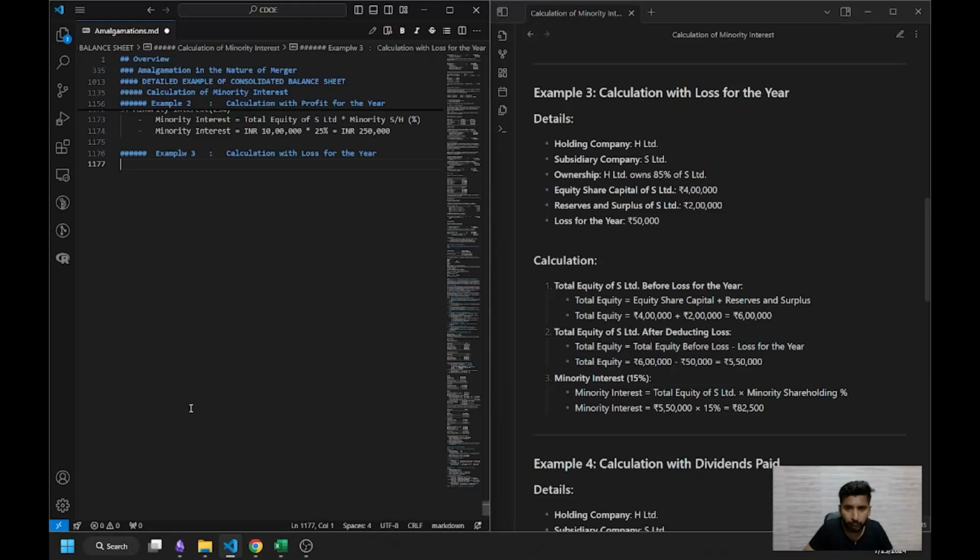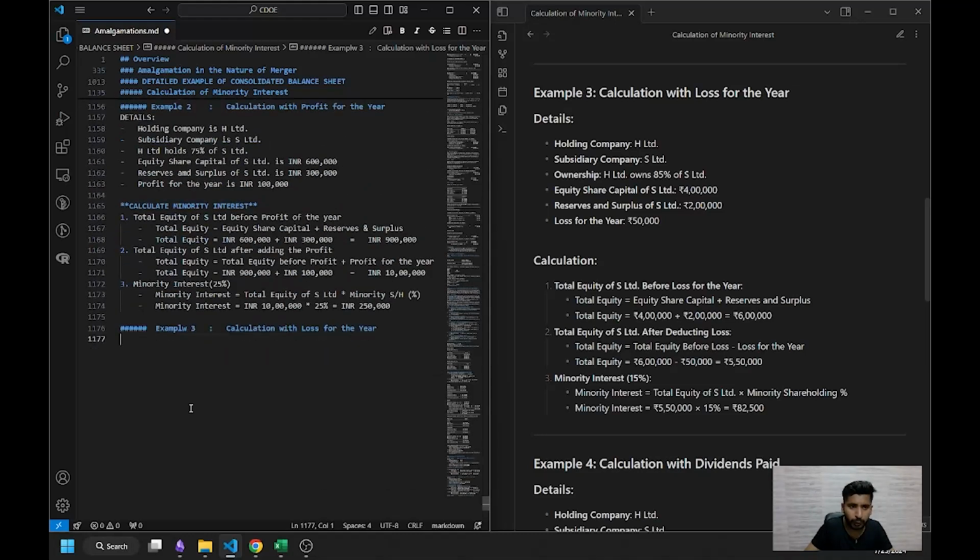What are we going to do if there is loss? For that also we have given the details as follows. What are those details? That the holding company is H Limited and the subsidiary company is S Limited.